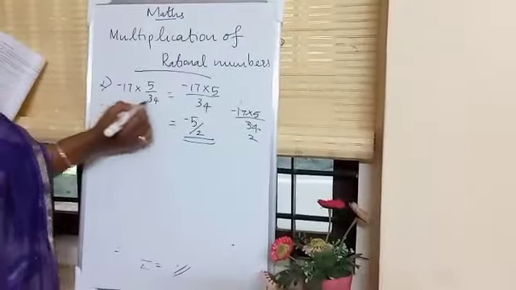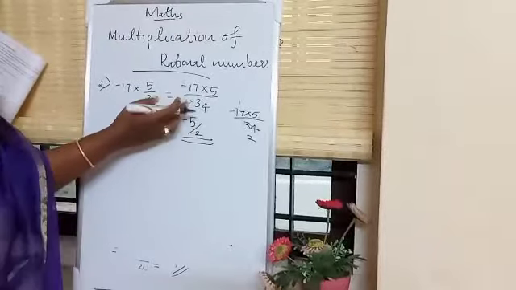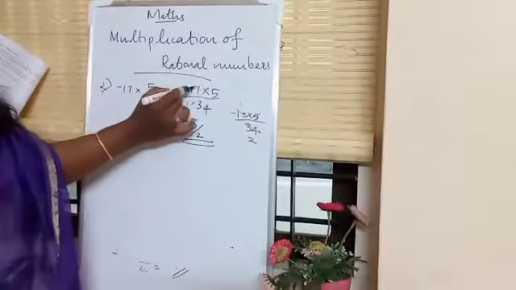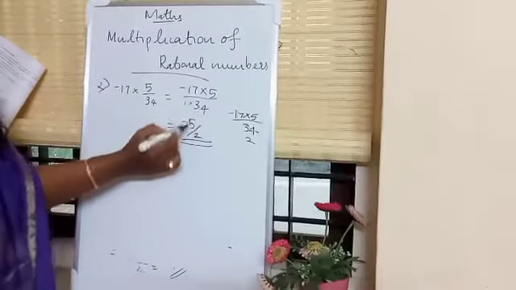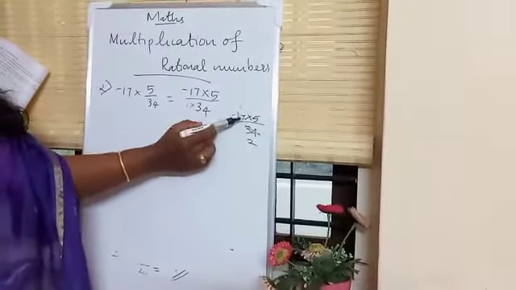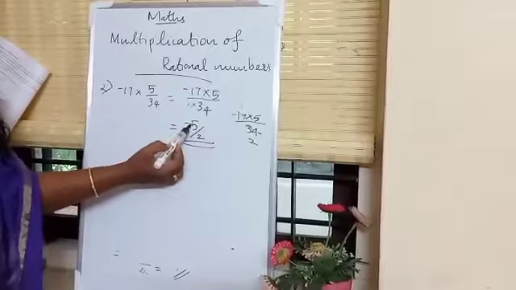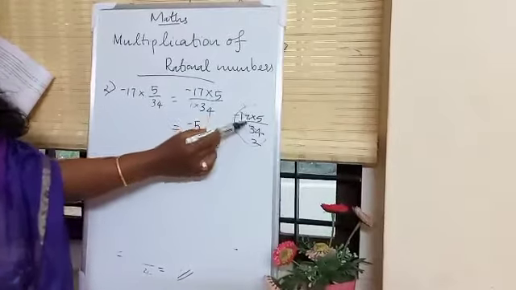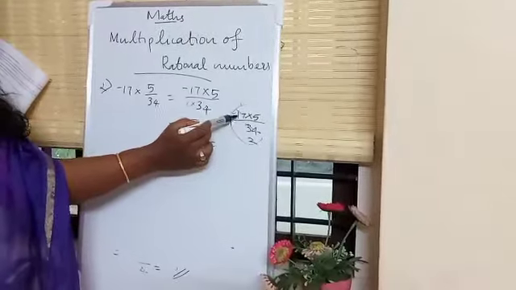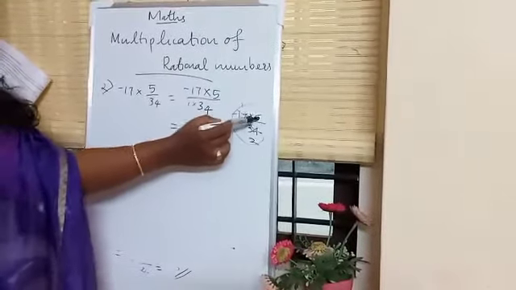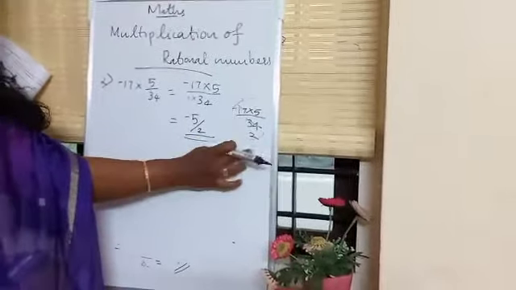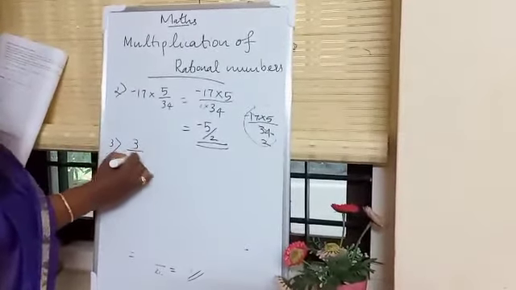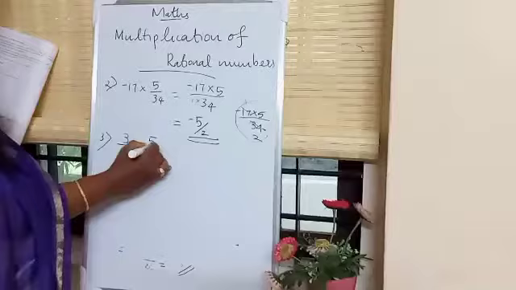Negative 17 is the numerator. Negative 17 into 5 by 1 into 34. We can cut: 17 into 2 is equal to 34. Negative 5 by 2. If you don't know the simplification, you can multiply negative 17 into 5 and then divide by 34. Clear?